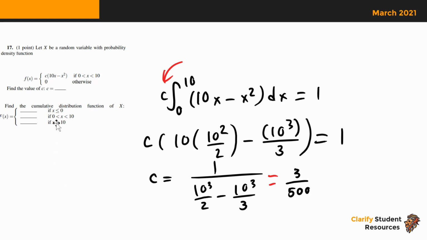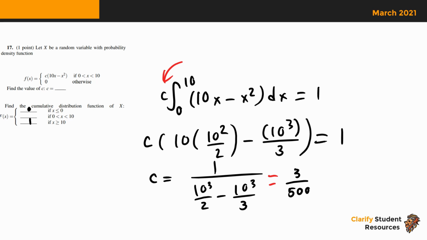And then for the other part, we're going to see that below 0 is going to be just 0, because the PDF is not defined there. When it's greater than 10, it's always going to be 1, because the maximum probability in total is going to be 1.